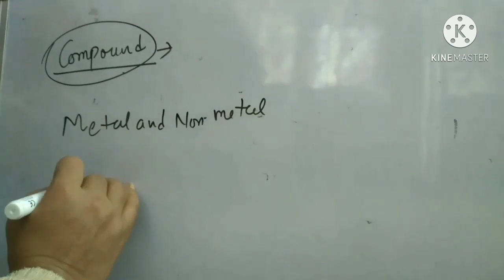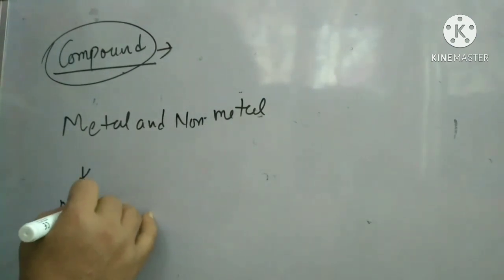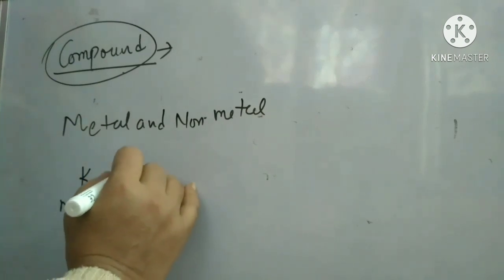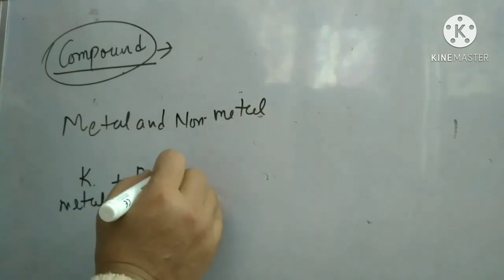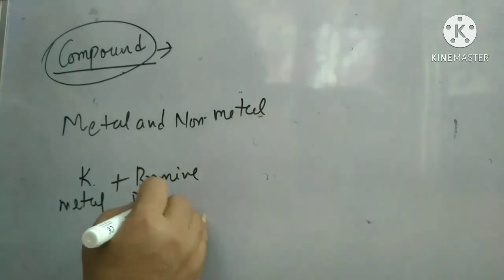Potassium K is a metal plus bromine is a non-metal.